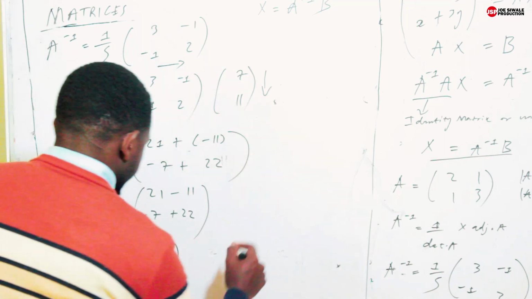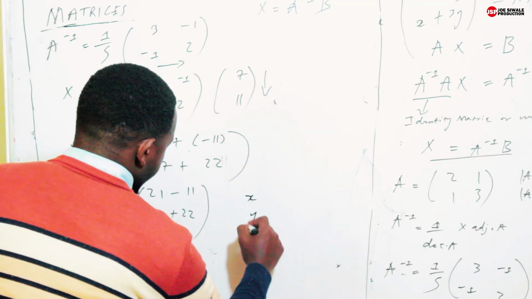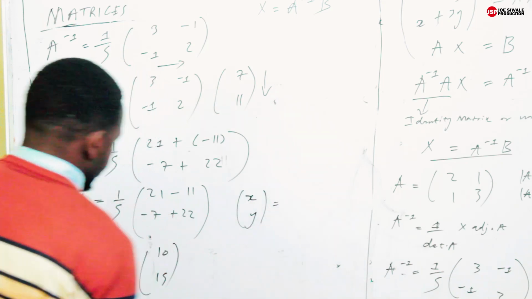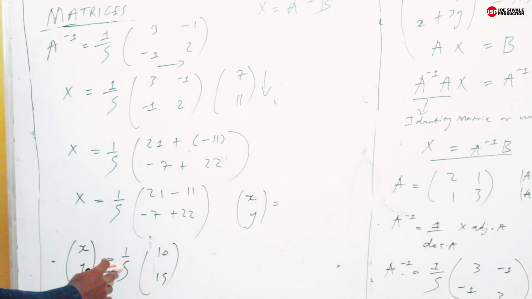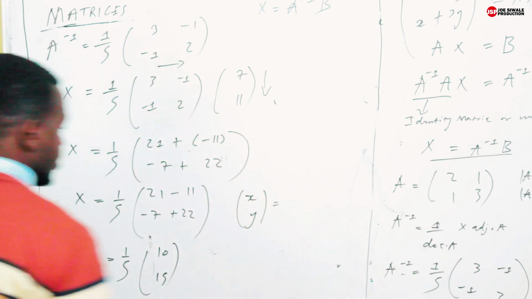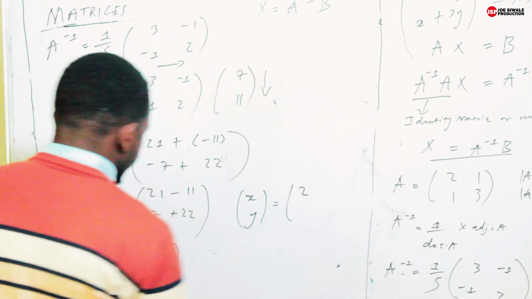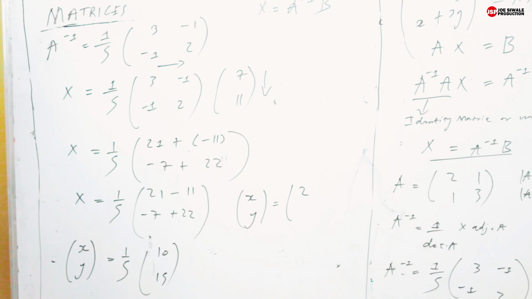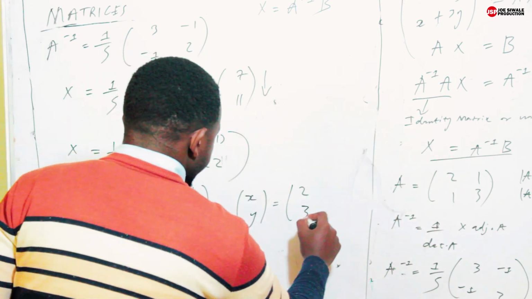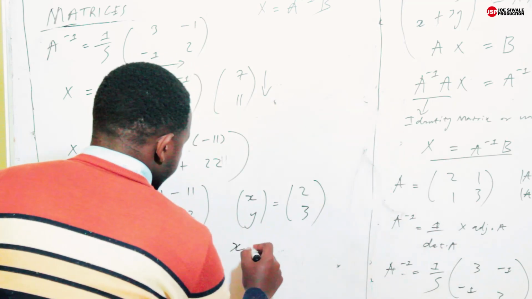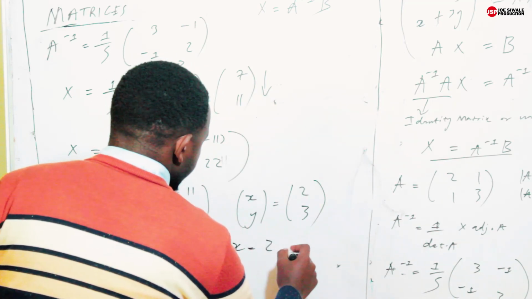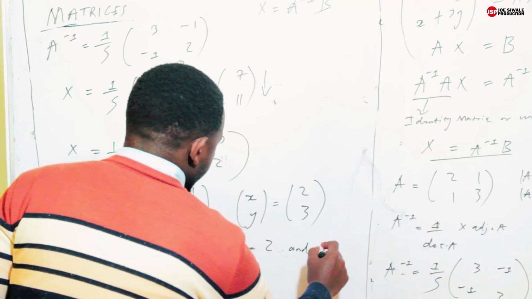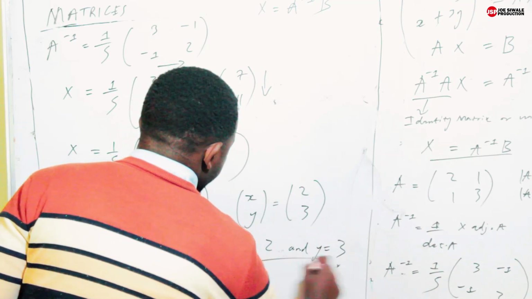So to find our solutions there, we can say x, y is equal to 1 over 5 multiplied by 10, we're going to have 2. Then 1 over 5 multiplied by 15, there we're going to have 3. So we can say our x is equal to 2 and our y is equal to 3.